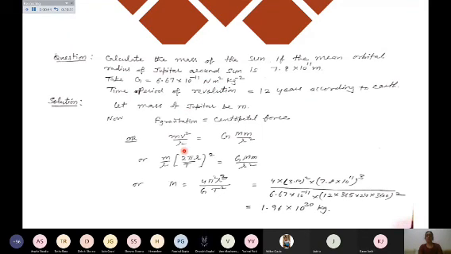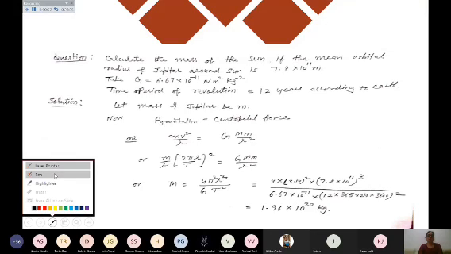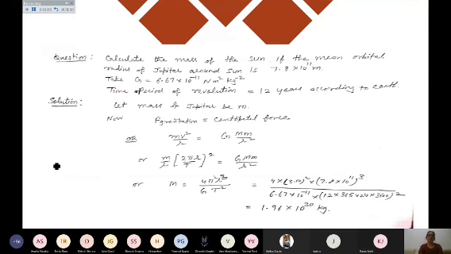So you have to simply apply the centripetal force, that is mv square by r, equals GMm divided by r square. And v is equal to the circumference of the circle divided by the time period. I think this is clear to you, that when a planet is moving around the Sun, so this is your Jupiter moving around the Sun.